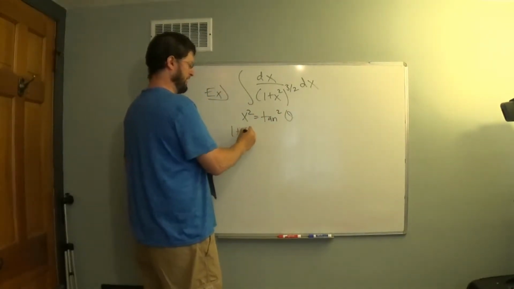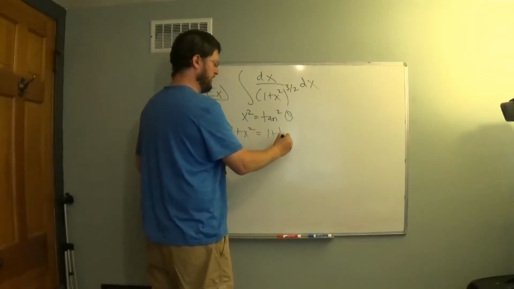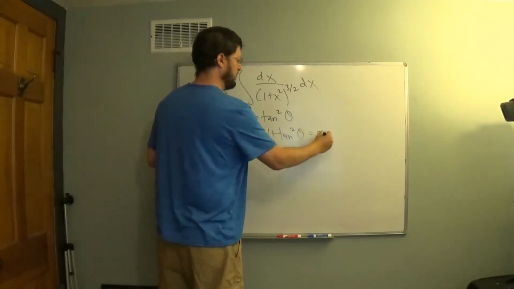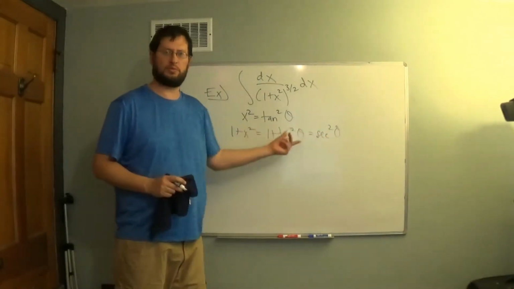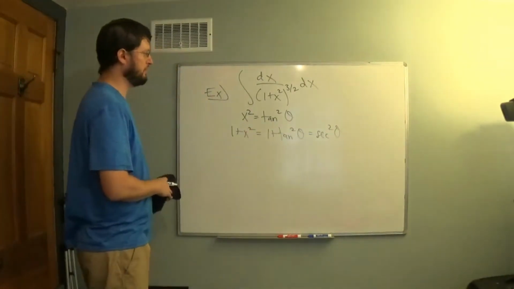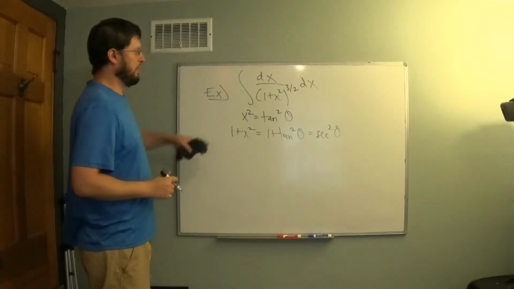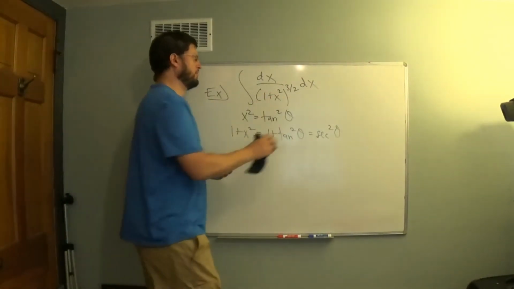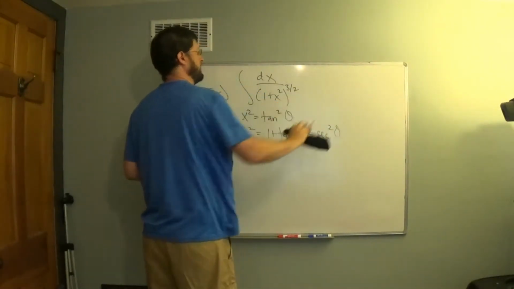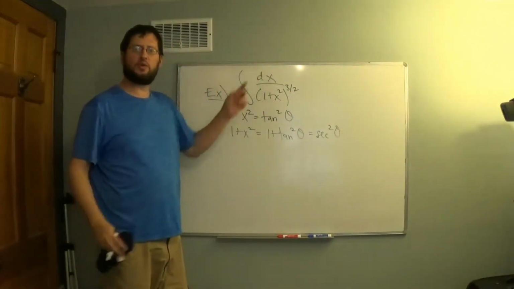So that 1 plus x squared is 1 plus tan squared, which by a trig identity, in this case, is secant squared. 1 plus tan squared is secant squared. Which means that we'll be able to sub in for the denominator. Sorry, I just wanted a single dx. But we still need to know what dx is.